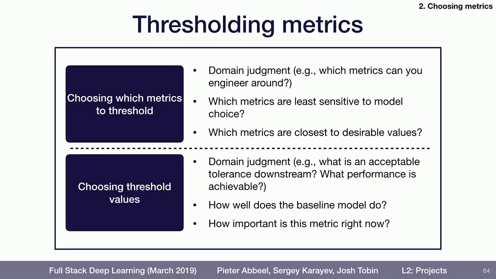There's a few strategies for how you might choose which metrics are thresholded. Ultimately, the metrics that you should choose to threshold are often the ones that you're already doing well on. And so you want to just make sure that you're not going to do any worse.